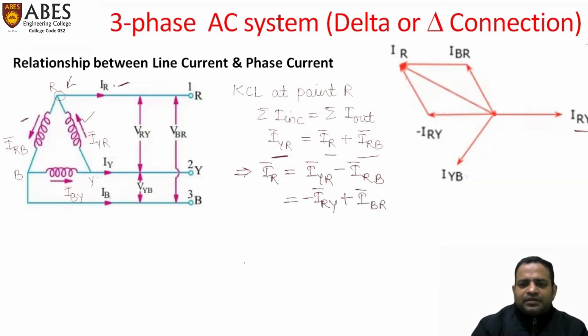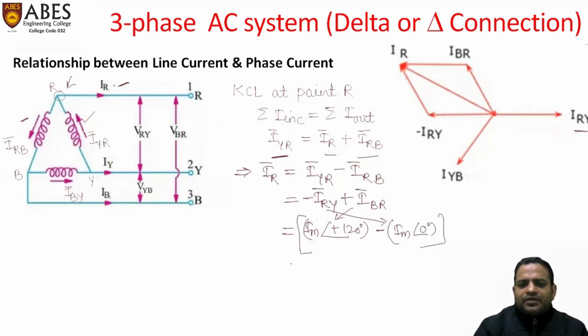What is the value of IBR? Im angle plus 120 degree, minus of Im angle 0 degree.